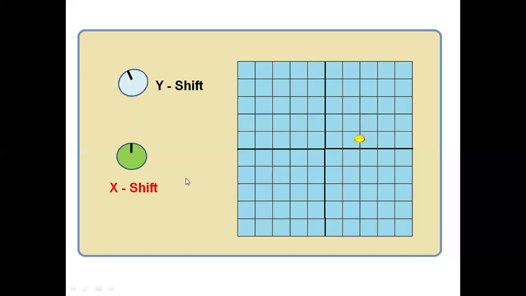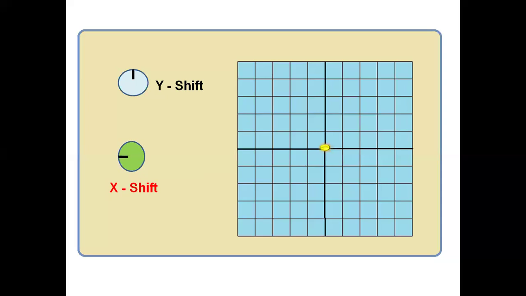Let us see. First we adjust the position with respect to the y-axis. So now it has come to the x-axis by adjusting the Y shift knob. Now in order to bring it towards the origin, towards the center, because now it has to move along the x-axis, the X shift knob will do the job. Now the spot has come in the middle.